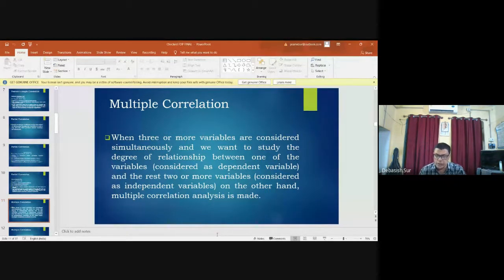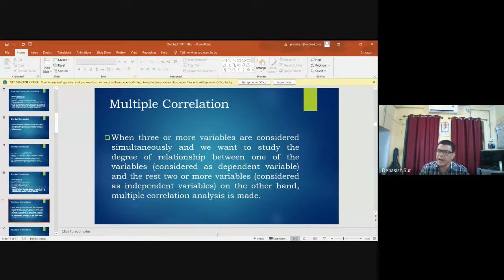Now we can cite a similar example: we have 3 variables, yield of crops, amount of fertilizer used and amount of rainfall. We all know that yield of crops is influenced by the amount of fertilizer used and the amount of rainfall. So yield of crops is the dependent variable, and amount of fertilizer used and amount of rainfall are the independent variables.